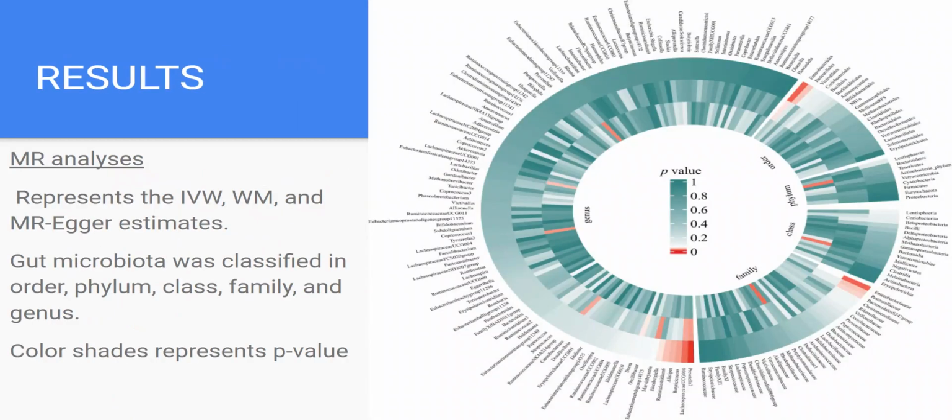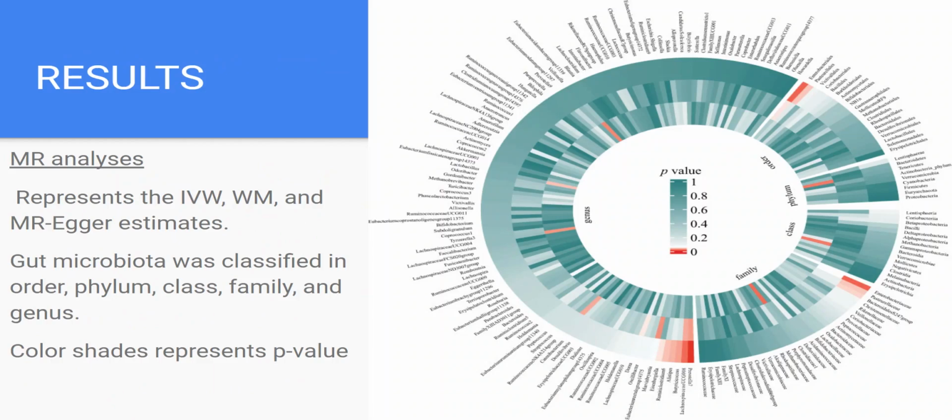So here are the results that are obtained from the MR analysis. Here you can see that they use the IVW, inverse variance weighted, WM and MR Egger estimates.